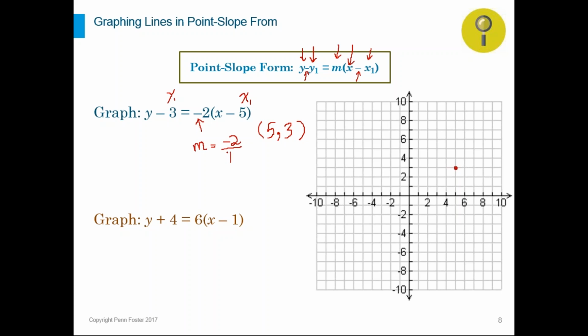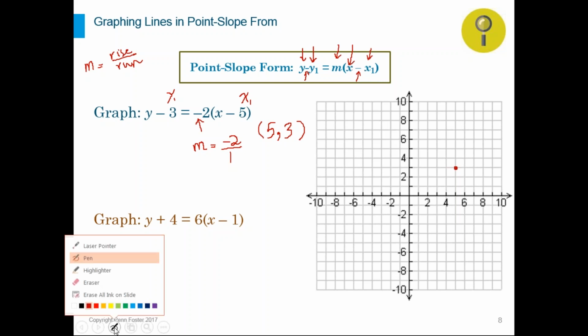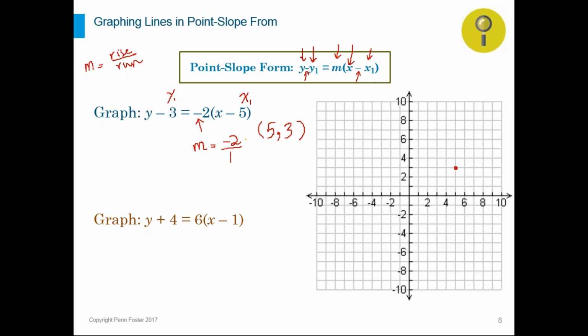We chose to write it as a fraction because, remember the formula for the slope from webinar part 1, m equals the rise over the run. So we can say that -2 is the rise and 1 is the run.